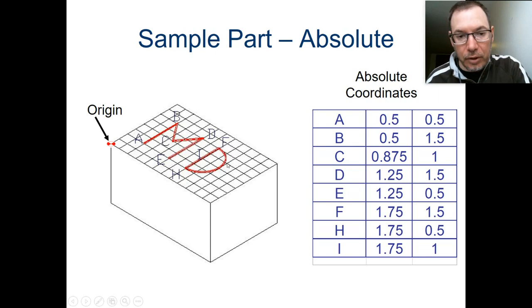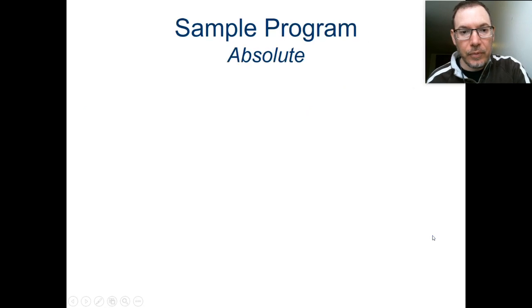When we make this arc, we need to know its center point. That's one of the things we looked at in the last videos for those G-codes: you have G02 or G03. Both of those codes will allow you to do an arc, either clockwise or counterclockwise, but you either need to know the radius or a center point. We're going to use I as our center point. You could use radius as well, but if we're using center point, we need to know that point.